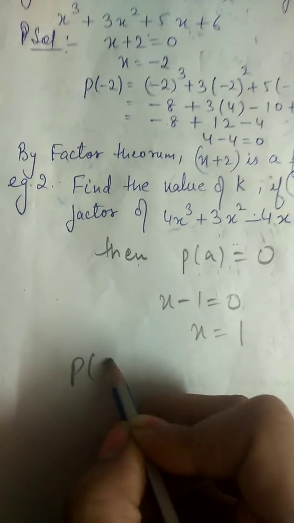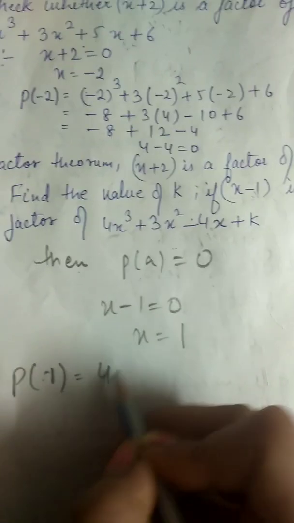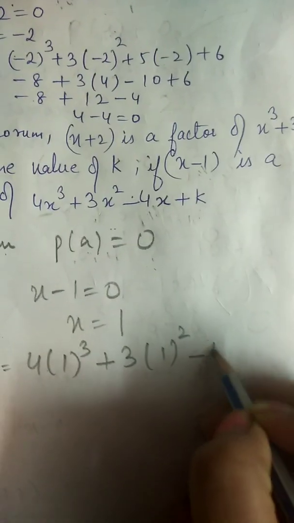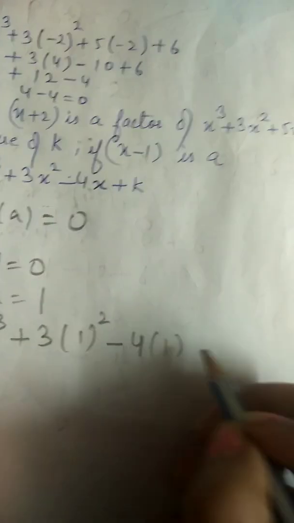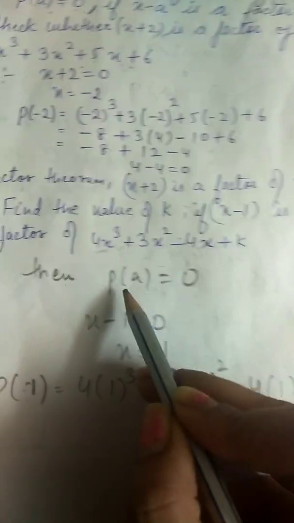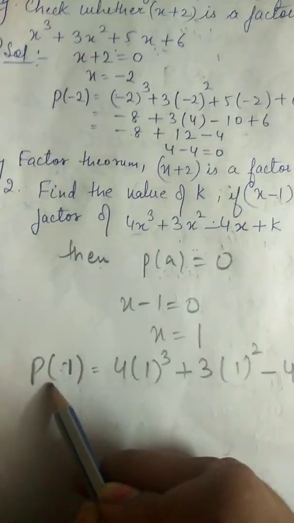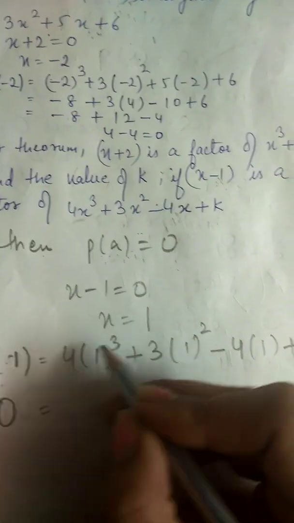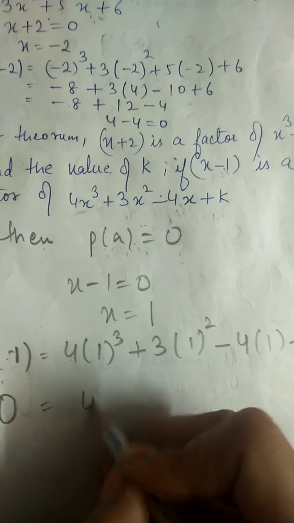Now put the value of x. P of 1 is equal to 4 into 1 cube plus 3 into 1 square minus 4 into 1 plus k. Now we know that P of a is 0, and what is P of a? P of 1. Therefore P of 1 is 0. 1 cube means 1, and 4 into 1 is 4.